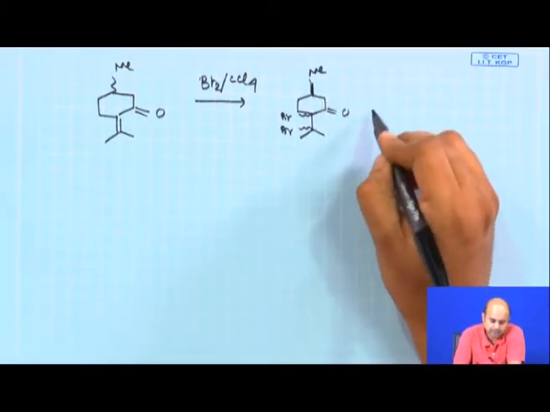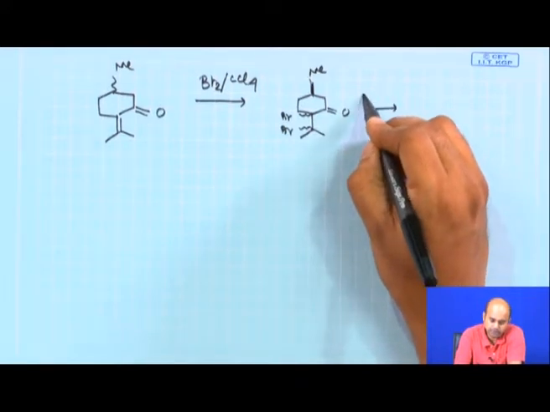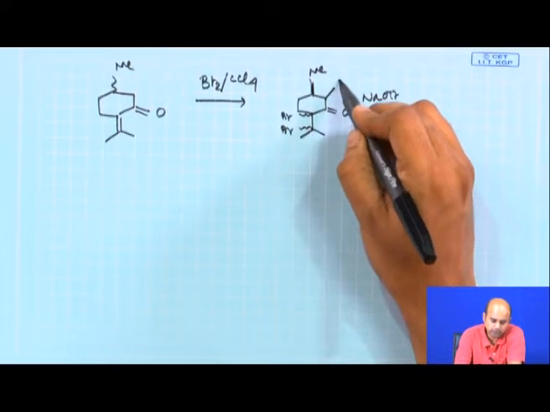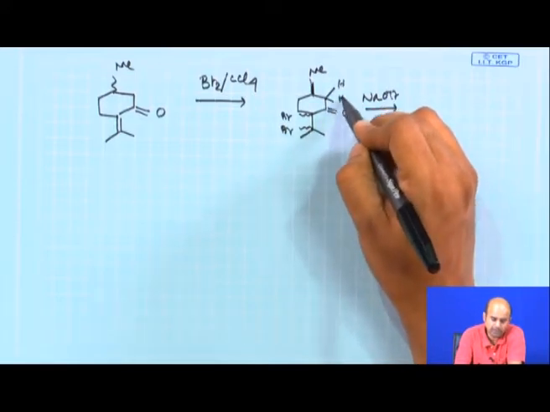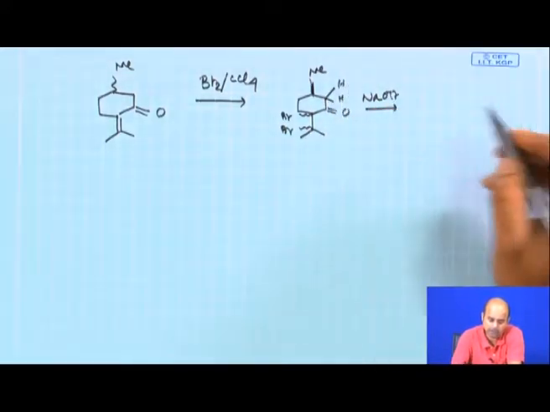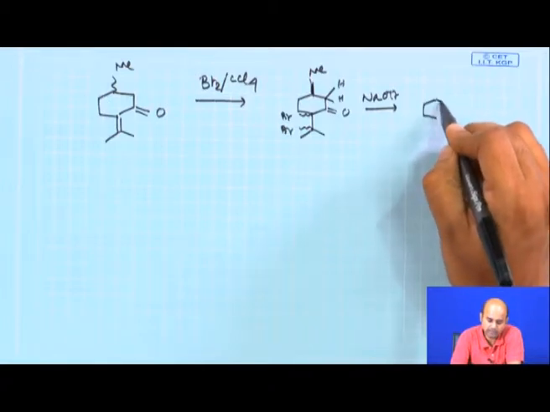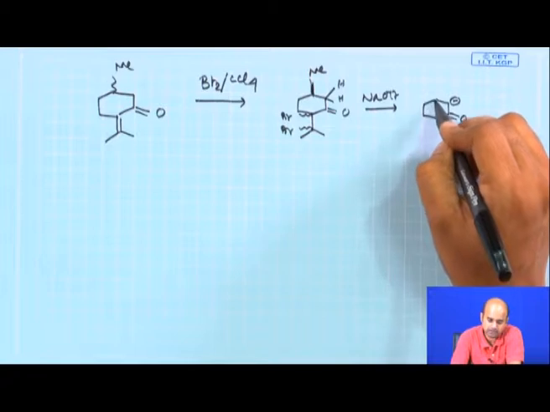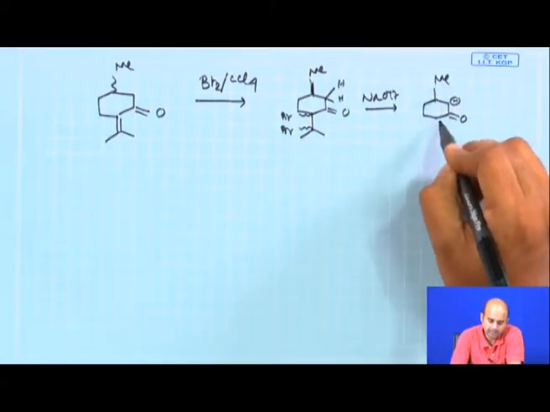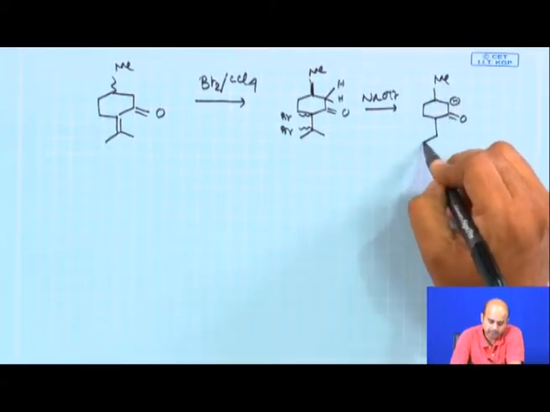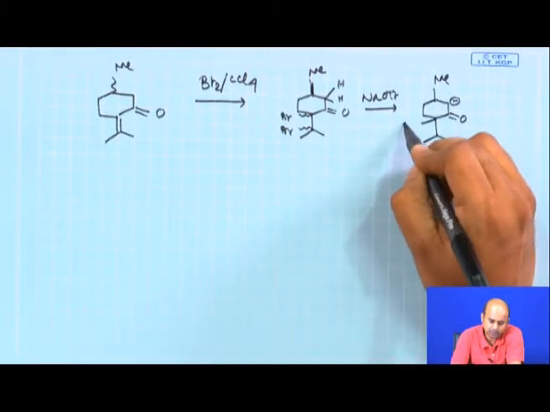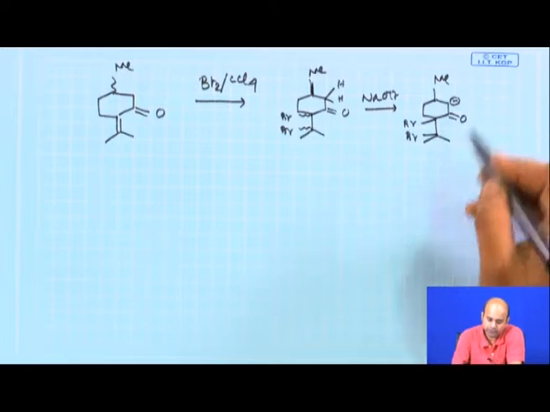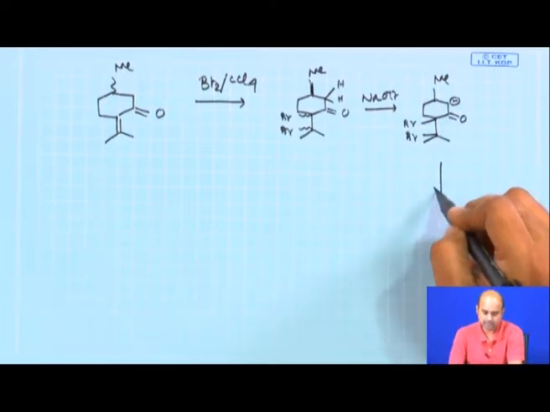You subject this compound to a base which is normally sodium ethoxide. This ethoxide will pick up this acidic hydrogen, any one of the acidic hydrogens, and then what will you get? You get a minus here, okay. And then in this part you have the dibromo, one Br, one Br. So, Favorsky now can start.